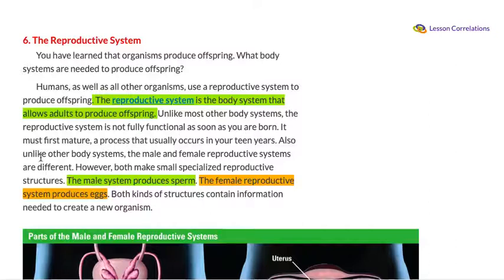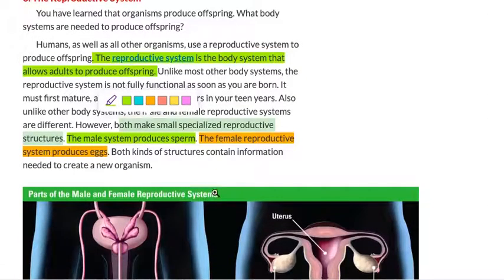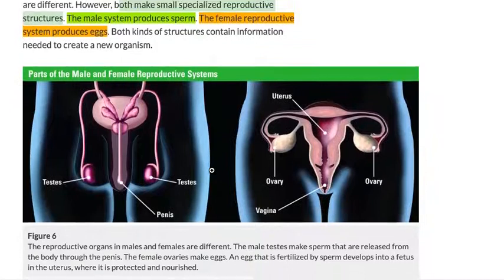Also, unlike other body systems, male and female reproductive systems are different. However, both make specialized reproductive structures. The male system produces sperm. The female reproductive system produces eggs. Both kinds of structures contain information to create a new organism.